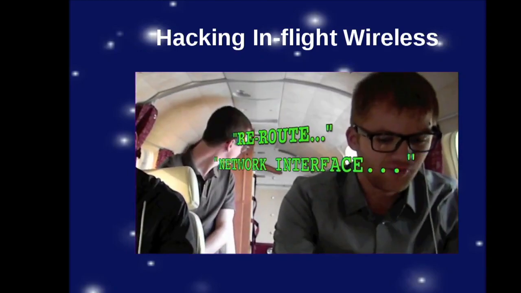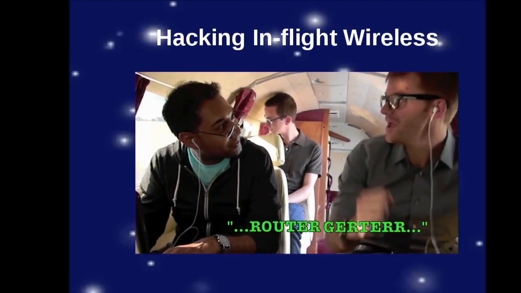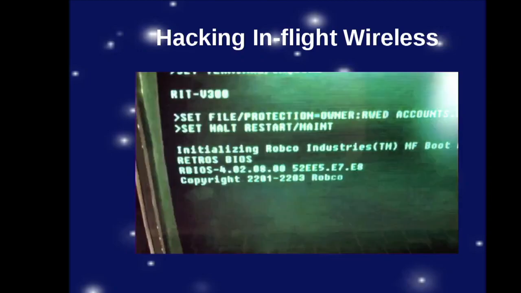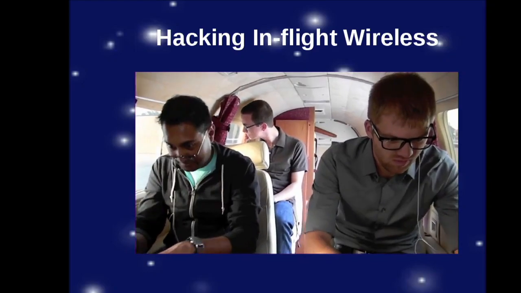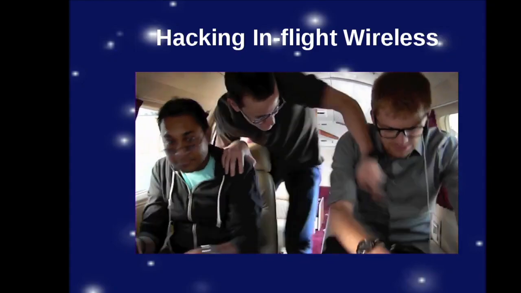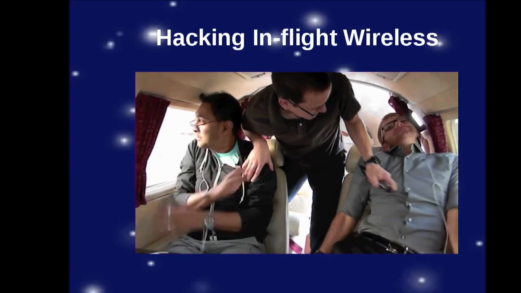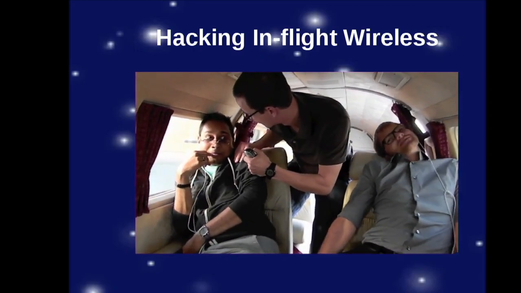And "I've rerouted the network interface." Also "I've got in the router girder." Yeah! You can make it seem like the in-flight entertainment and navigation systems are connected, and thus frighten an air marshal enough to incapacitate you. With enough hacking, one could be able to sign onto the plane's Wi-Fi for free.